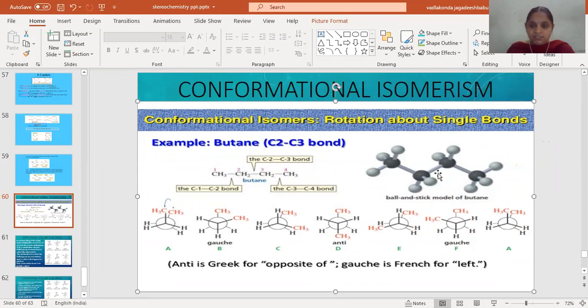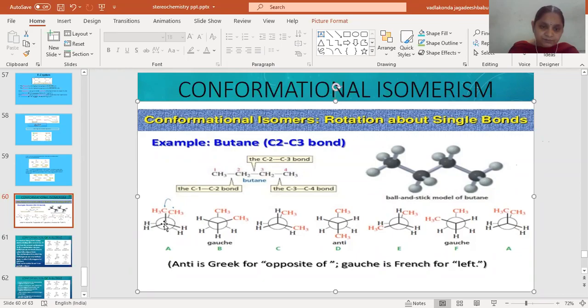In the Newman projection formula of n-butane, the circle which is present on the top on the plane of the paper is the front carbon, means C2 carbon, and back side of it also will have one more circle, that is the back carbon, that is C3 carbon.